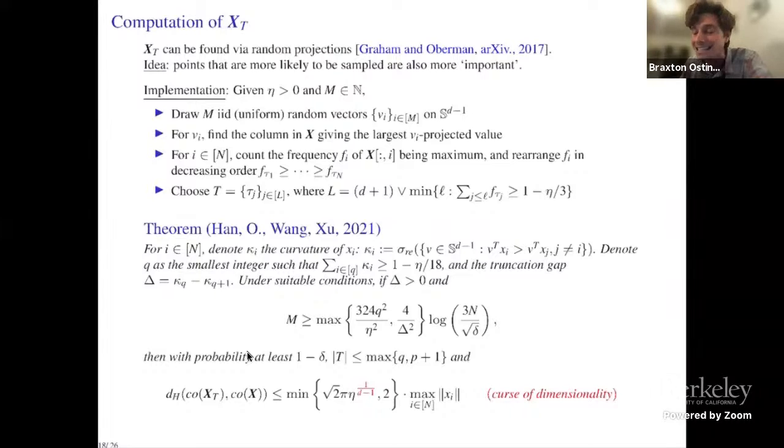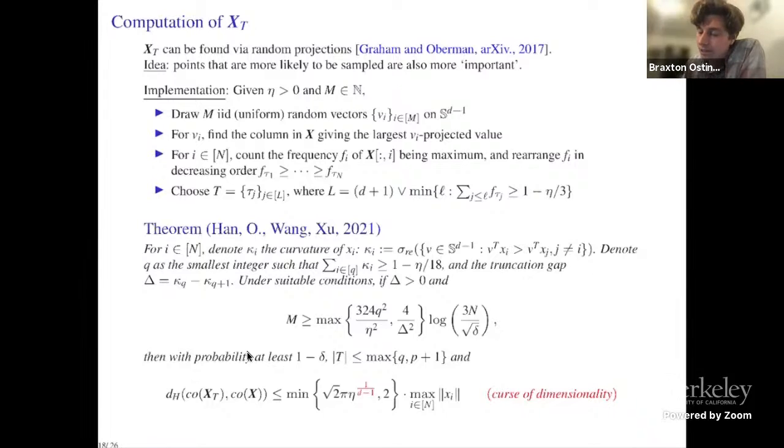So let me say first how we select this subset T. You can find X_T by random projections. These are ideas from Graham and Obermann, and the idea is that points that are more likely to be sampled in random projections are also more important in some sense.